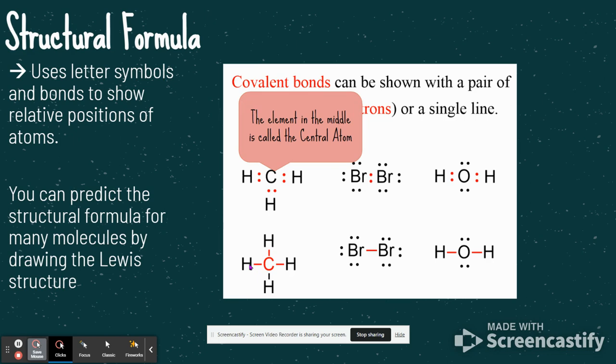Elements on the outside that are not central atoms, we call terminal atoms. Just like when you go to the airport and go to your terminal, you're on the outer edges of the airport. We don't have terminals in the middle. Airplanes can't get to the middle, right? So we call those our terminal atoms on the outer edge.